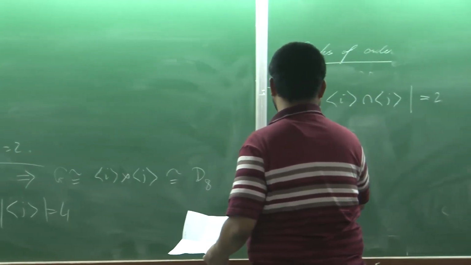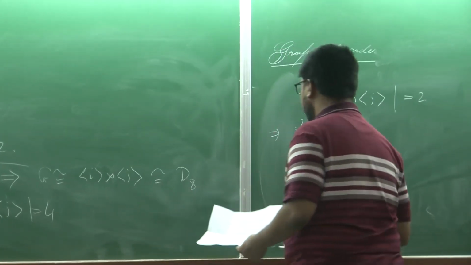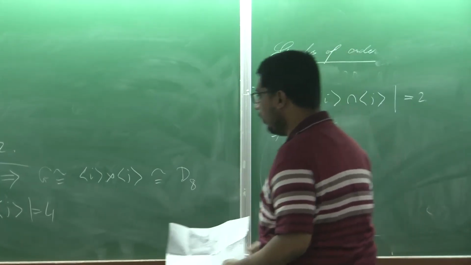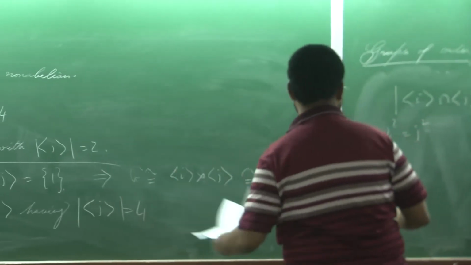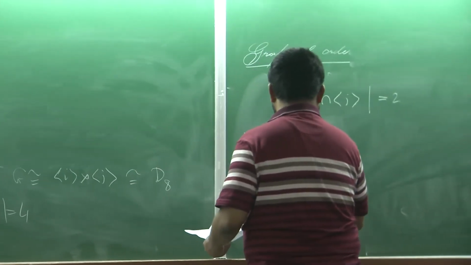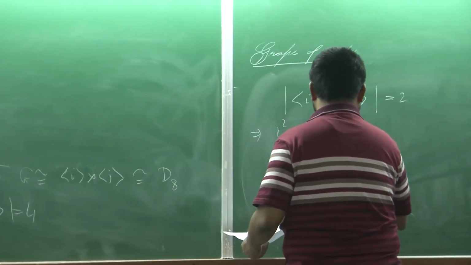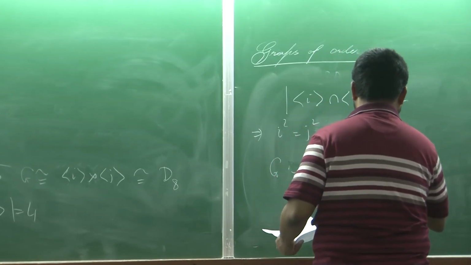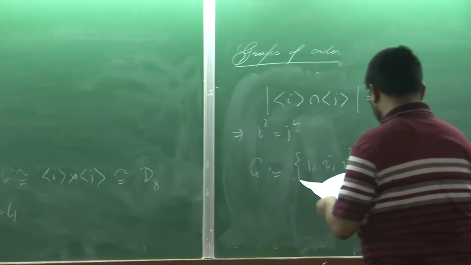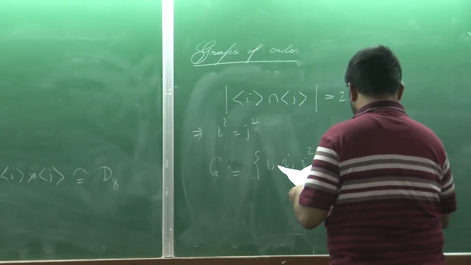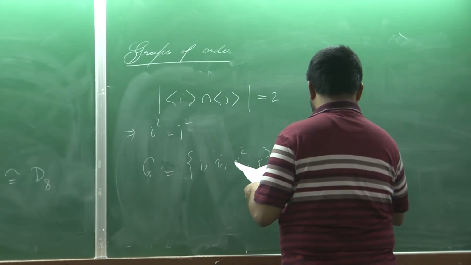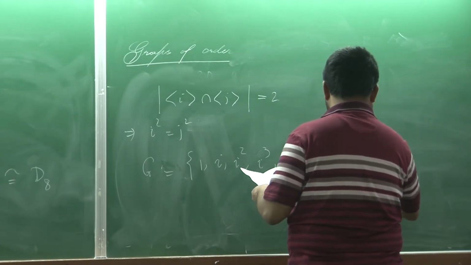In fact, from this it follows that i square equals j square, and also j has order 4 and is outside this group. So if we pick any j here, then G must consist of 1, i, i square, i cube, and then of course the multiplications by j: j, ij, i square j, i cube j.